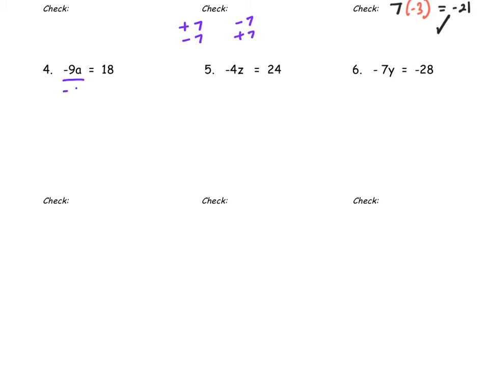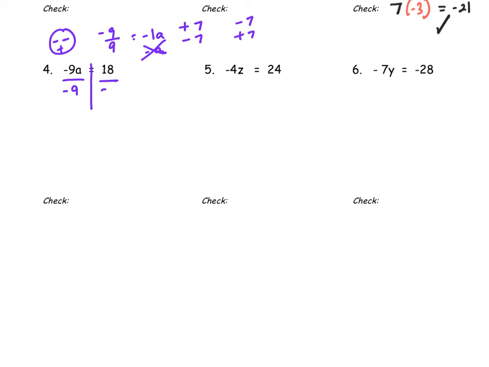So that's our opposite operation. We must use the same integer that's given. And that's because if I have a negative divided by negative, it's going to give me a positive. And I want a positive 1a. I don't want a negative 1a because that would leave me with negative a. So if I took negative 9 divided by positive 9, that would leave me with negative 1a or negative a, and we don't want that.